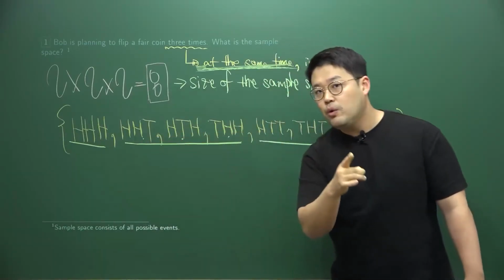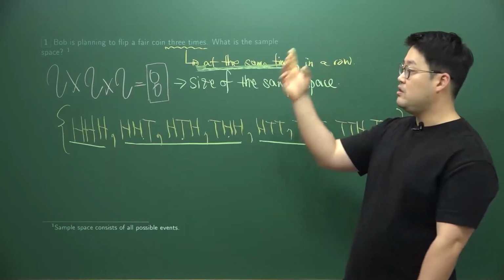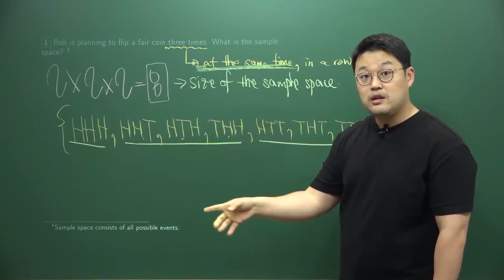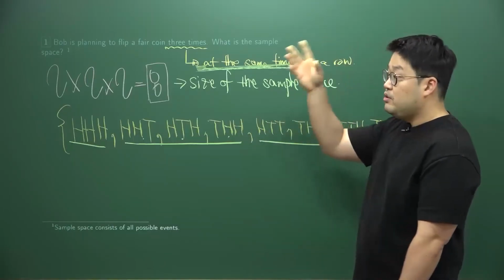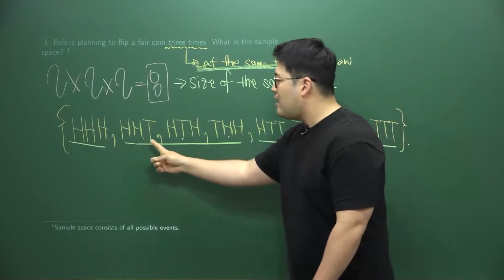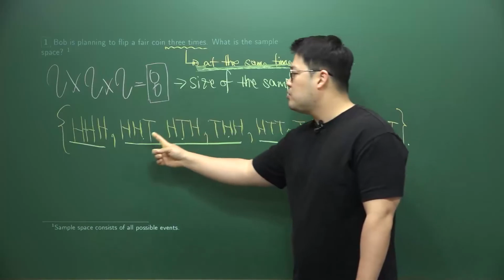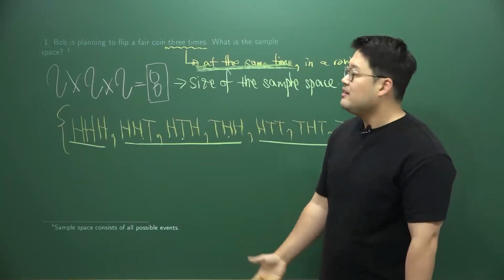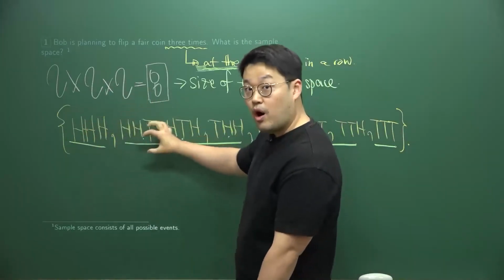Well, is that equal to day number 1, you got tail, day number 2, you got head, day number 3, you get head? Are they equal? Don't you think that they are different? They are different. They are distinct.